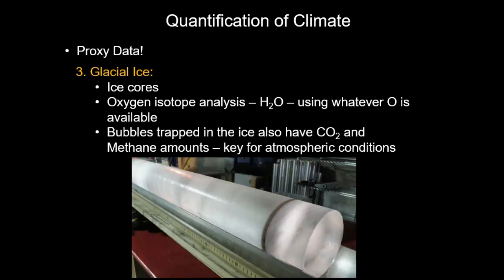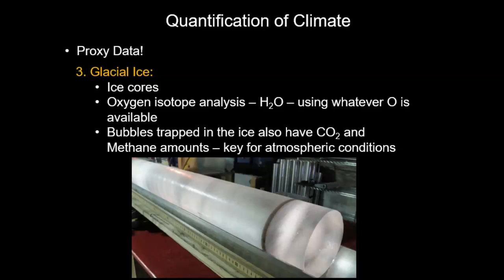Some of these ice cores measure up to 3,000 meters from the Antarctic ice sheet and allow us to have about 700,000 years of climatic history, which is again proxy data. Once these ice cores are recovered, we can count the small layers that make up the ice, and it can tell us basically the number of years that the ice has recorded history for.